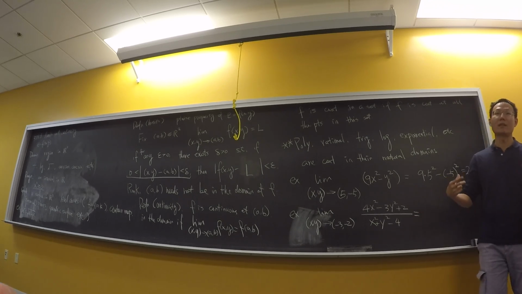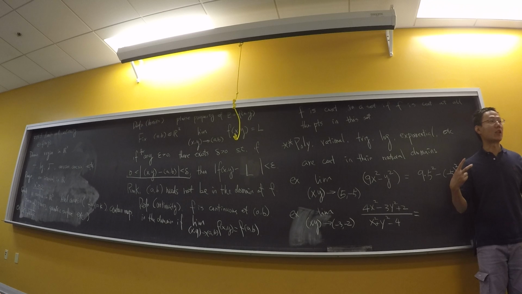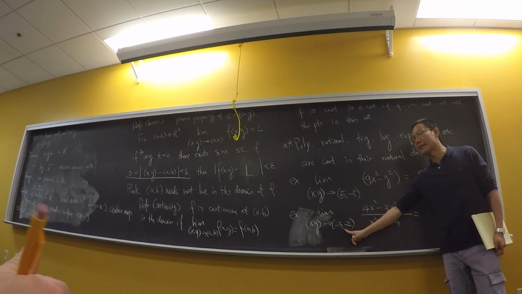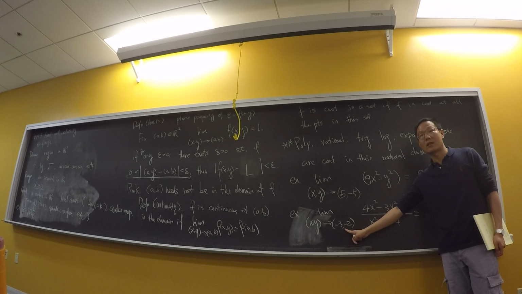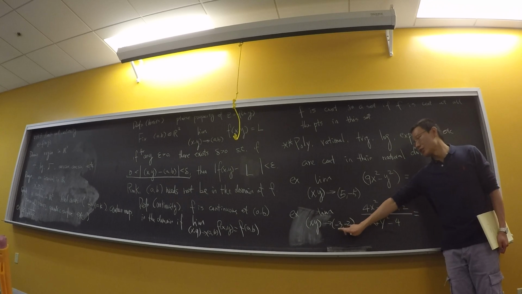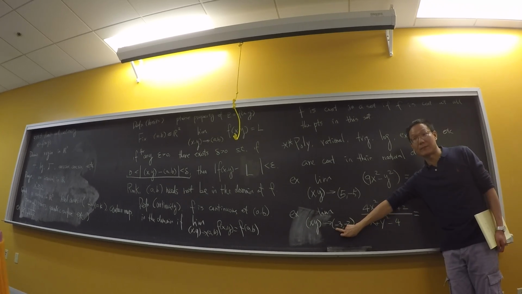So basically the domain of the function is a region in R2 where you have to delete one single curve. All the points, as long as they are not on the circle, will be in the domain. Are you with me? So you can check whether this point is in your domain. One way is to write down what the domain is and then check whether this point is in it.